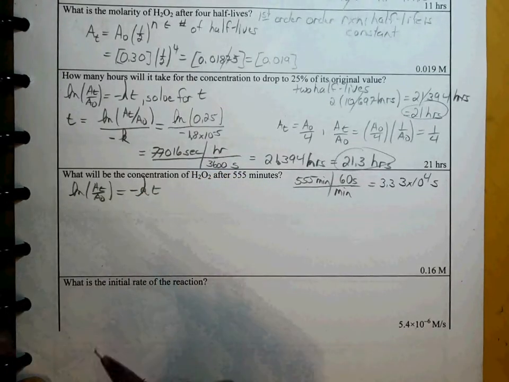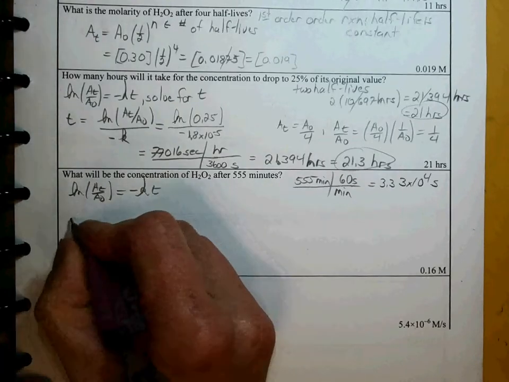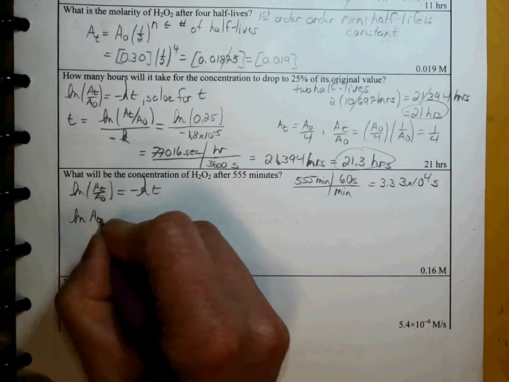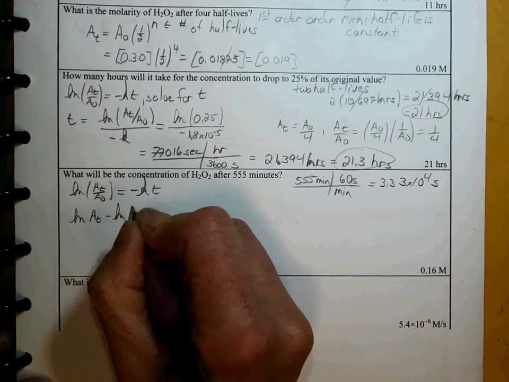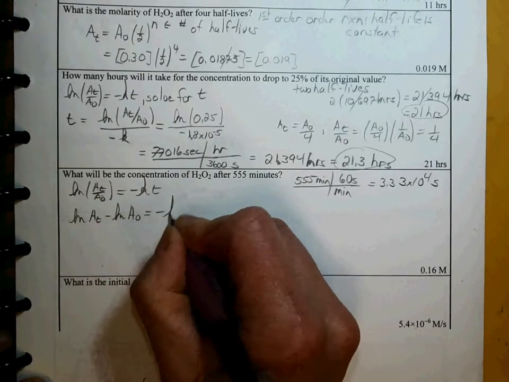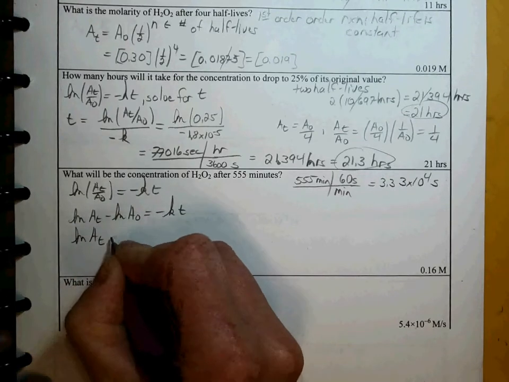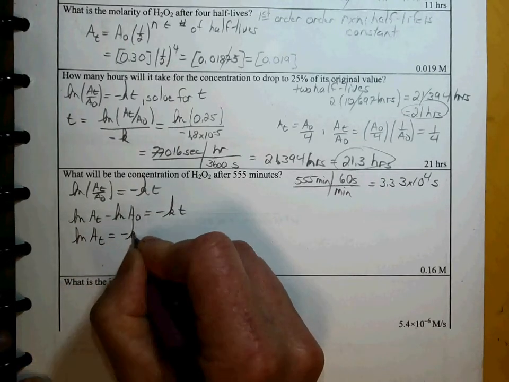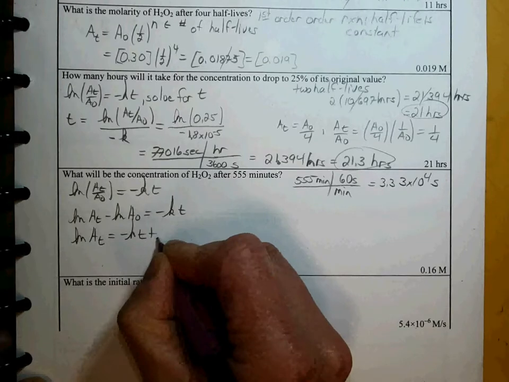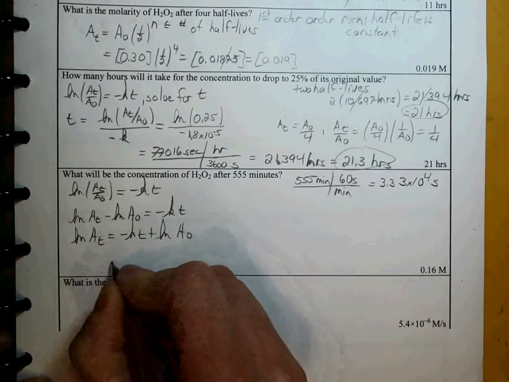We'll expand this out using the properties of logs. ln of A(t) minus ln A0 is equal to minus kt. So ln of A(t) is equal to minus kt plus ln of A0.